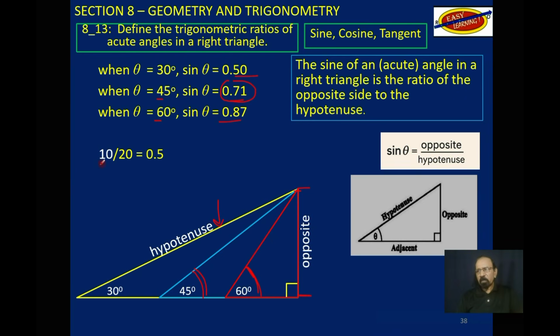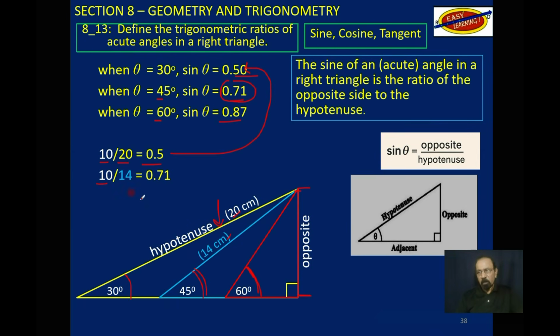Let us say the opposite is 10. And this yellow hypotenuse here is 20. If you divide the opposite by the hypotenuse, you will get 0.5, which is that at 30 degrees. Let us say now, for this blue triangle here, we will keep the opposite the same as 10, but we will now make the hypotenuse 14 because it is shorter than that 20.